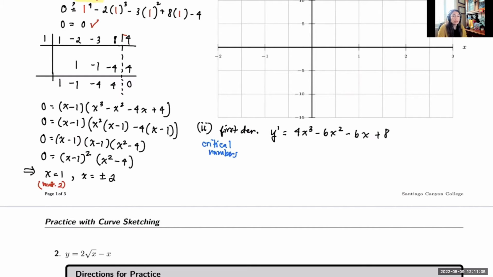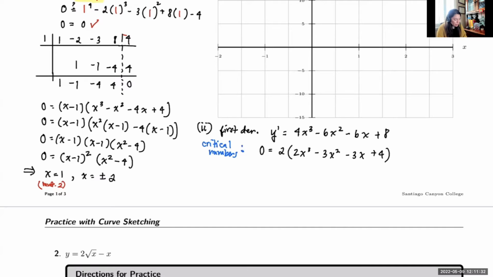Because this is a polynomial, we won't have anything undefined. So if we set this equal to 0, I'll factor out a 2. So we get 2x cubed minus 3x squared minus 3x plus 4. At this point, we can go ahead and try to factor.